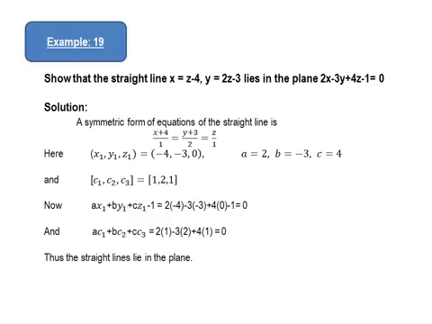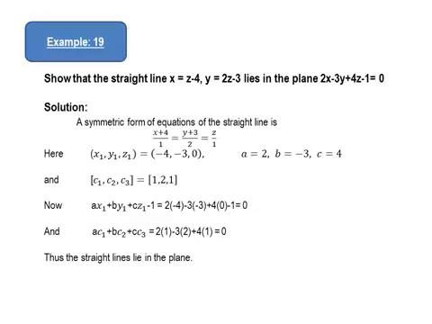Solution: the symmetric form of the equation of the straight line is given by (x + 4)/1 = (y + 3)/2 = z/1.